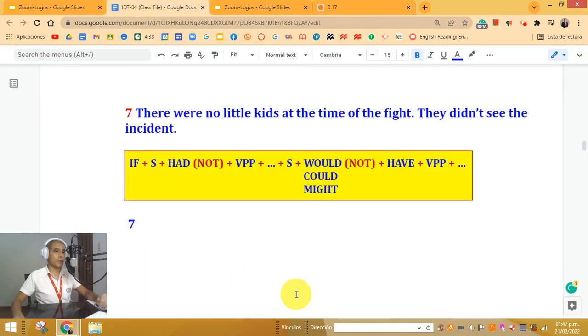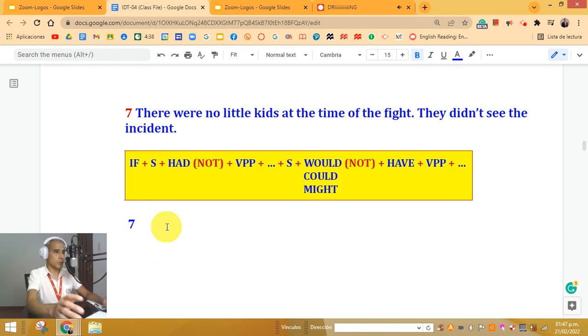Remember, you have to identify the if clause, then the result clause, and make sure that the sentence that is in the affirmative, you change it into the negative or vice versa. Okay, time is up. So let's check your answer.